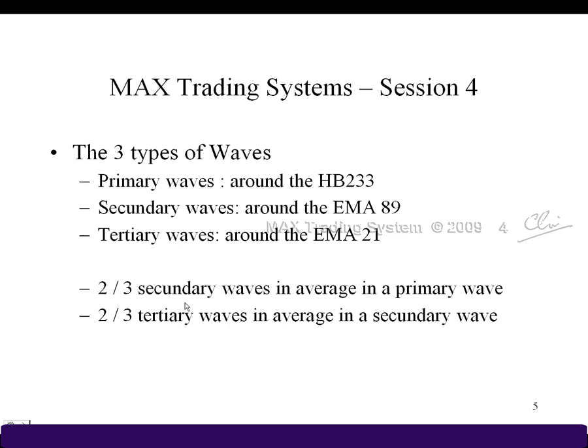This gives you a clue when you must be more prudent in your trades: when you reach the third tertiary wave in a secondary wave, the third secondary wave in the primary wave. These are all signs that a trend around the home base may weaken and even reverse.